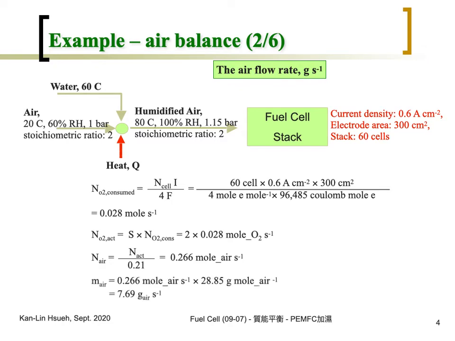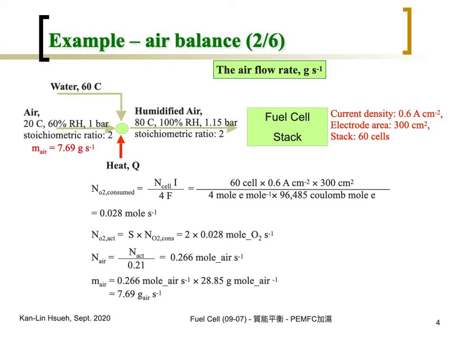If we know the average air molar weight, then we can calculate how many grams per second of air are coming in. The result is 7.69 grams of air per second needed to feed into the fuel cell. So from here, we know the air required, m air, equals 7.69 grams per second coming in.